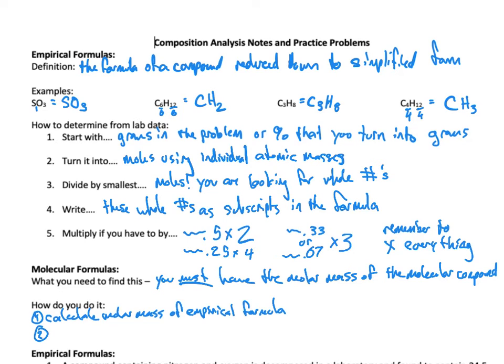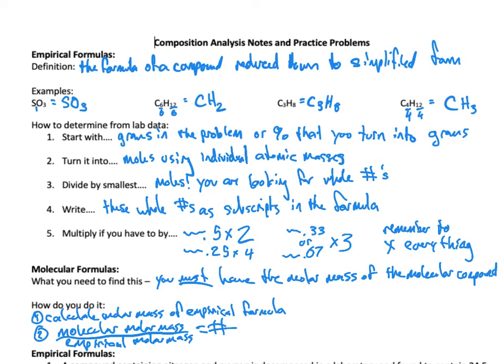Then you are going to do a division step. You're going to take the molar mass of the molecular compound, so the molecular molar mass, which should be a larger number. You're going to divide it by the empirical molar mass. And you're going to get some number. And it's going to be a whole number.